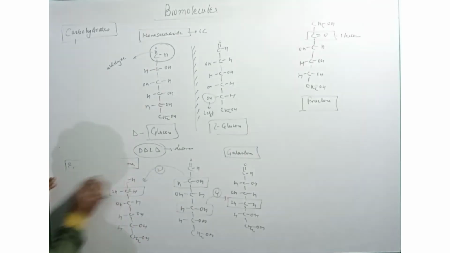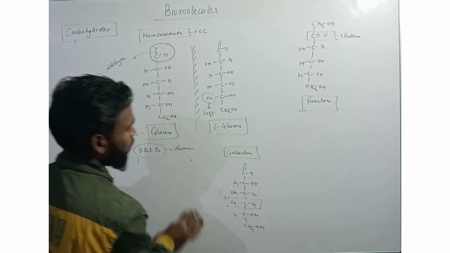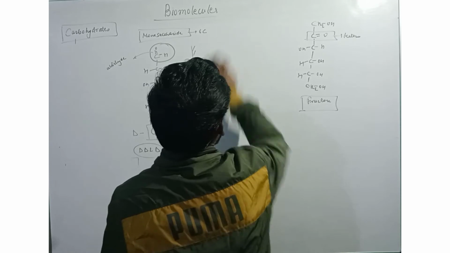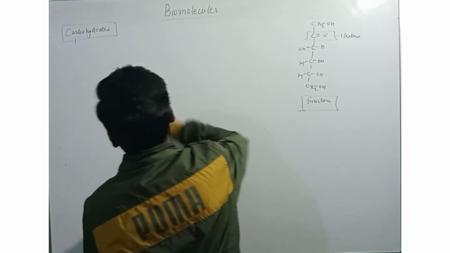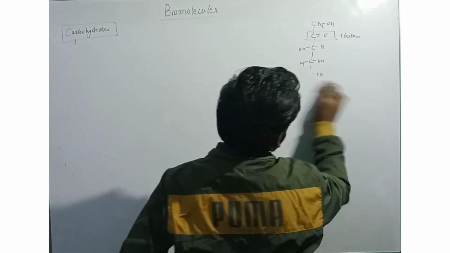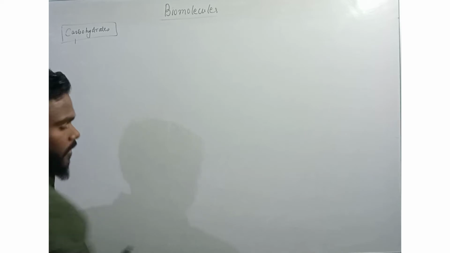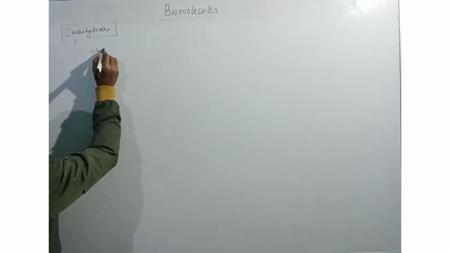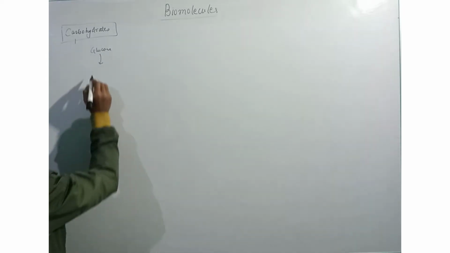Now this is all the linear chain of monosaccharide. Now this linear chain forms a ring structure. Let's see the ring structure of monosaccharide. Now we are talking about glucose. Then it forms a ring structure called pyranose.